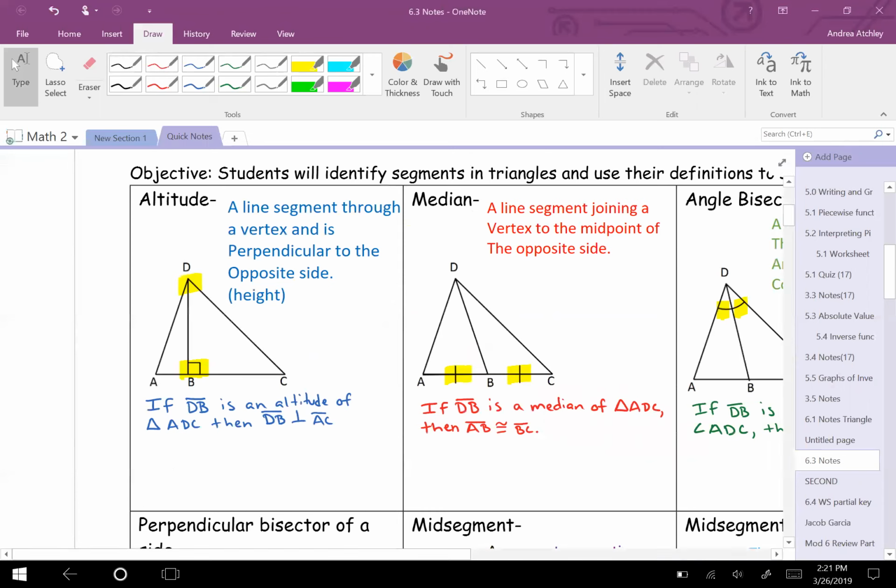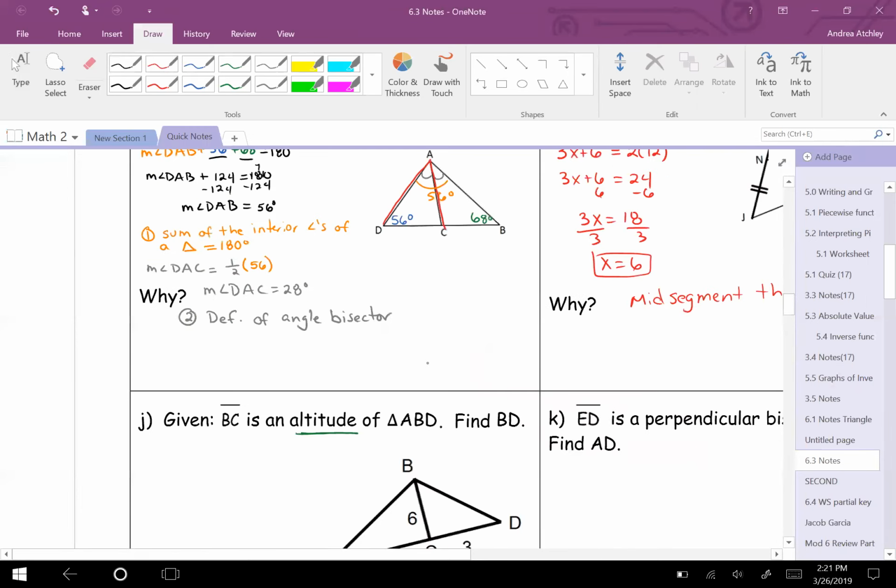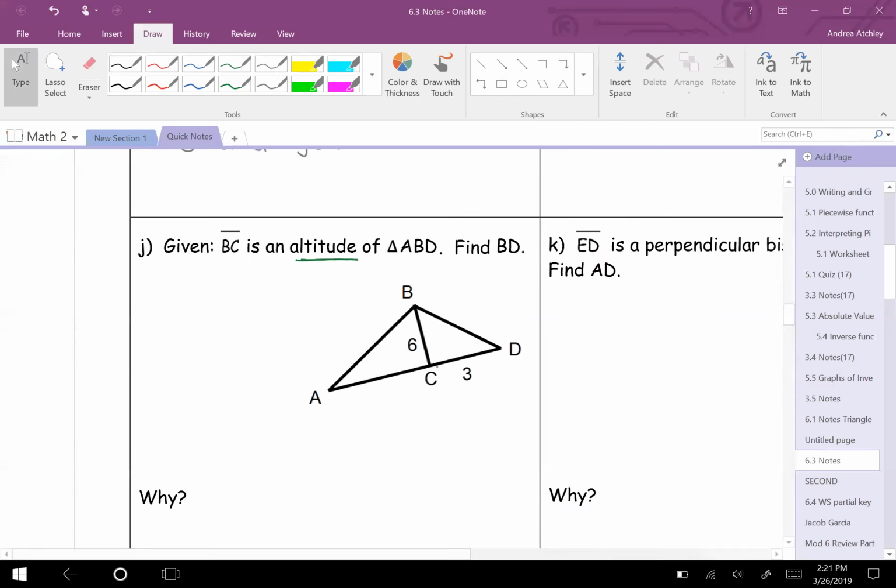I'm going to draw that in. Perpendicular lines mean right angles. So BC would be perpendicular to AD.